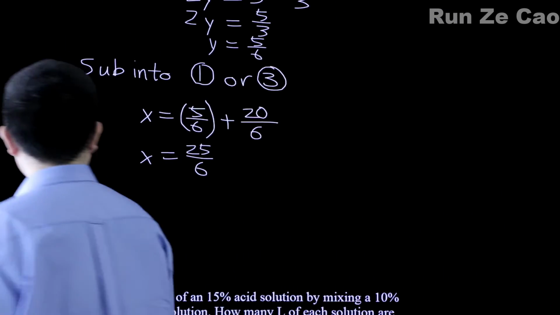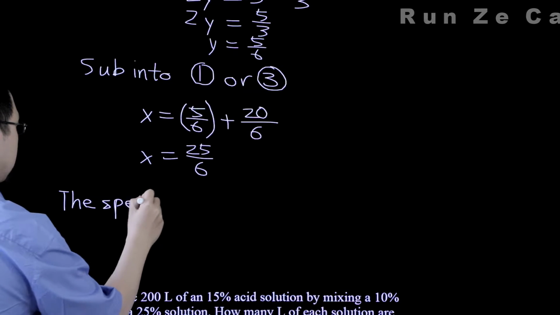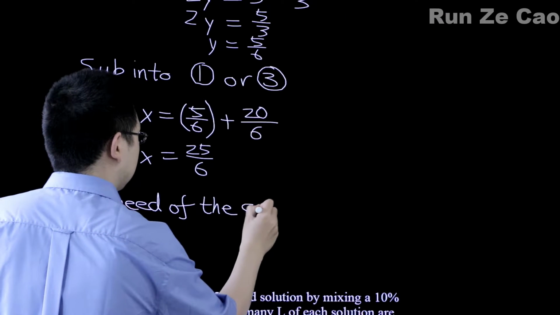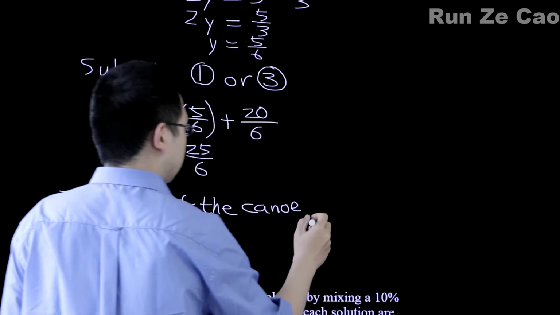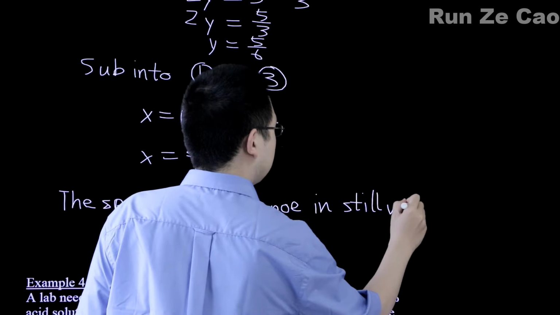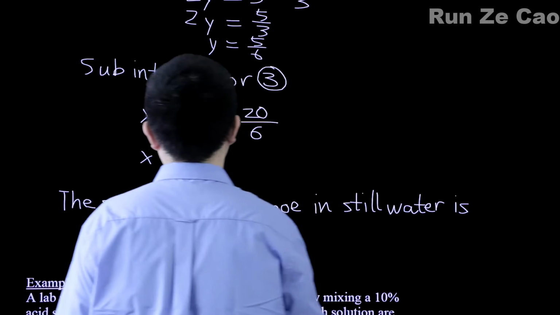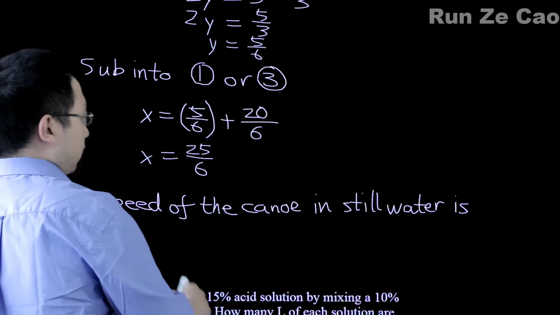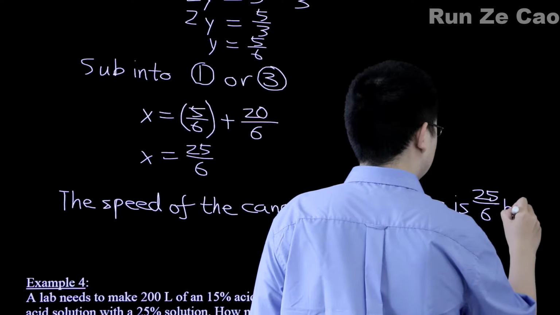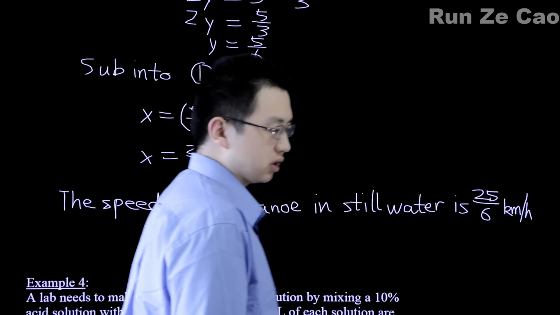So, the speed of the canoe in still water is, we can just put this 25 over 6 km per hour, or we could put it in mixed fraction form.